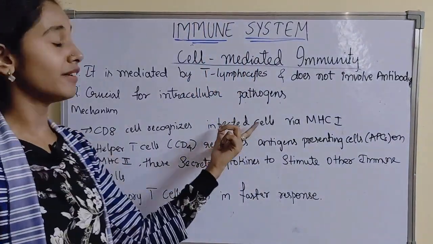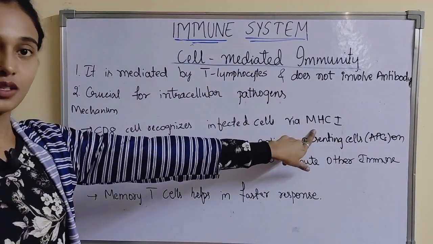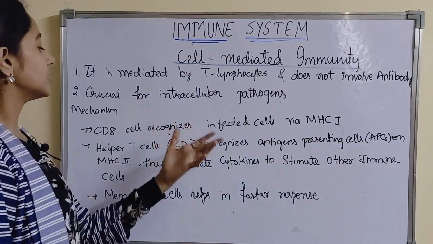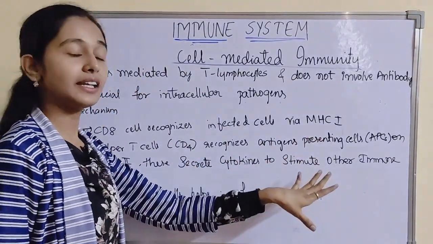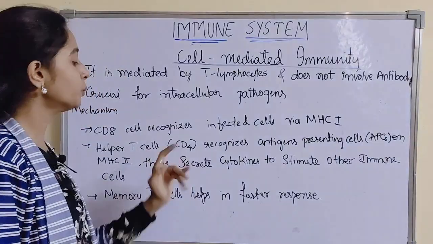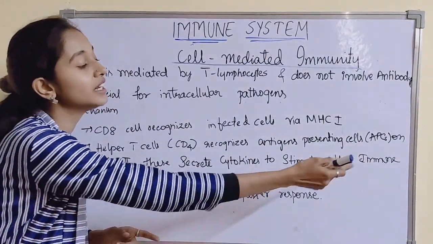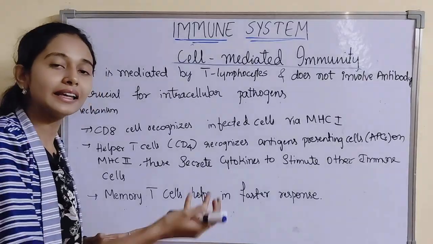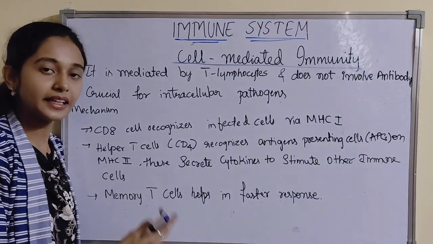Infected cell को recognize करेगा CD8 cell with the help of MHC1 molecule, and जो CD4 cell है वो recognize करेगा antigen presenting cells को which are present on the MHC2, and they secrete the cytokines which further stimulate the other immune cells so that they can gather and kill the pathogen.